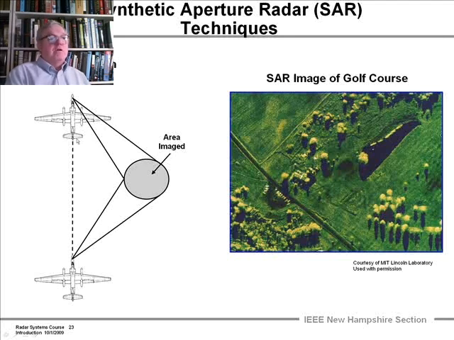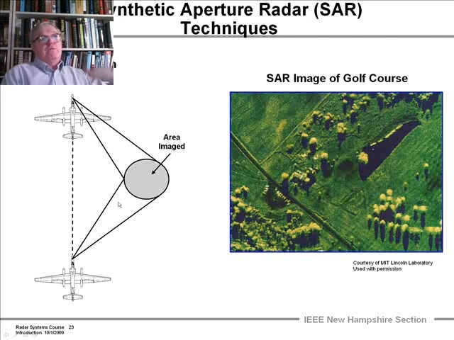And then the radar processes the data from that area imaged, all coherently in phase. And when you process that data from here to here, which is a long aperture, it's why it's called synthetic aperture, you get amazing cross-range resolution. And we'll go over the details of how you get it.